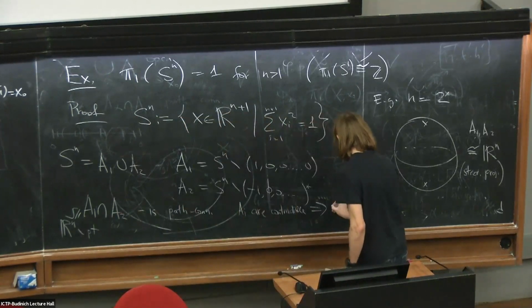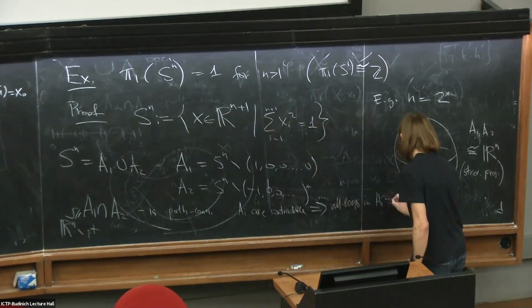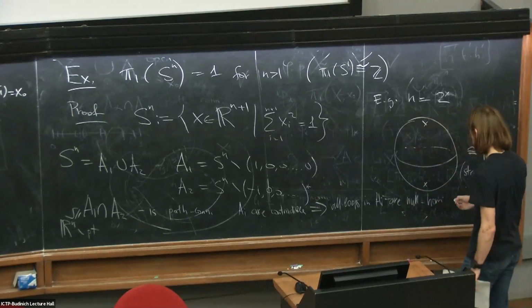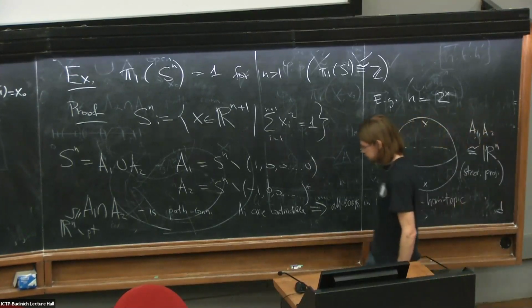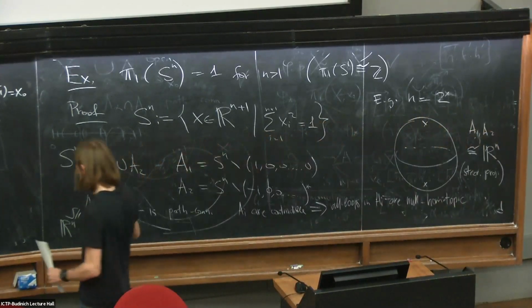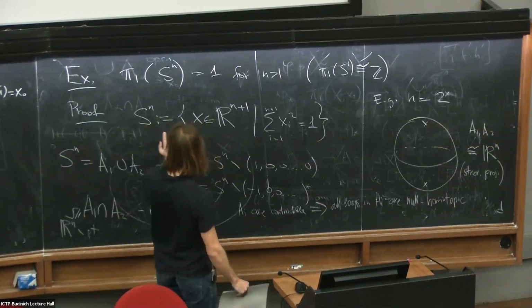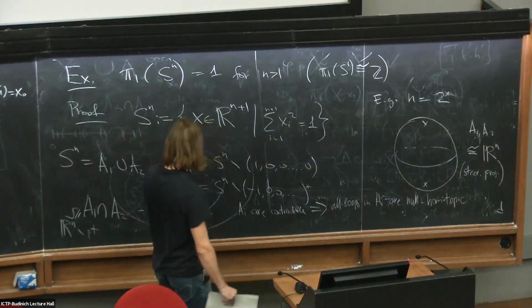And this means that all loops in Ai are what is called null homotopic. Null homotopic, by definition, means that they are homotopic to a trivial loop, meaning a constant loop.